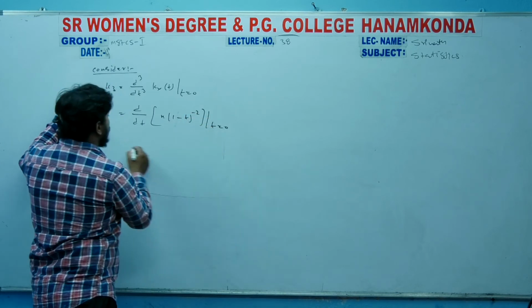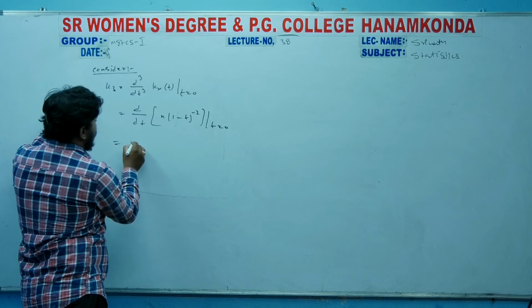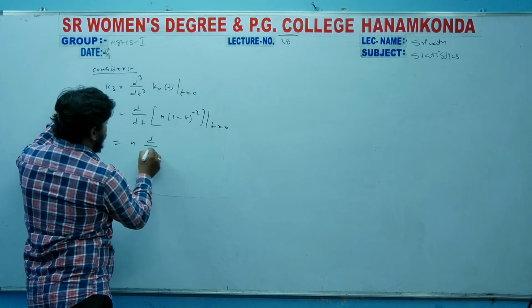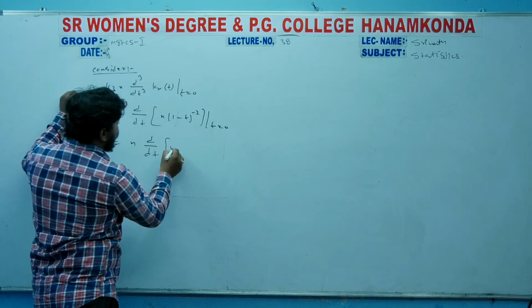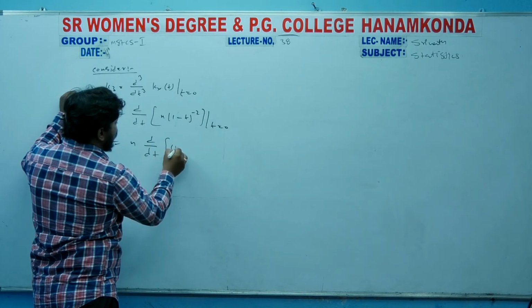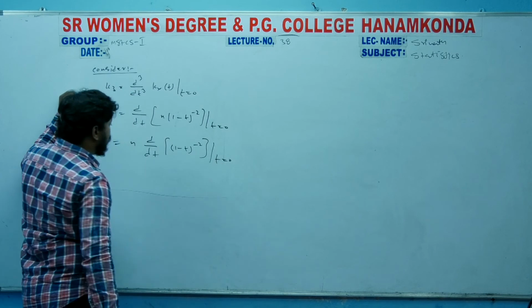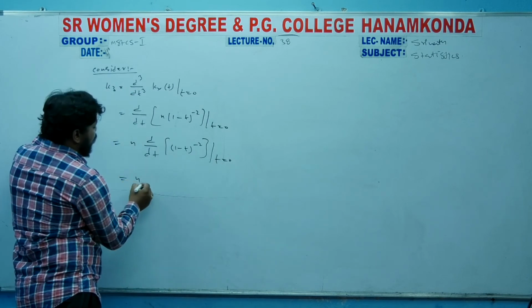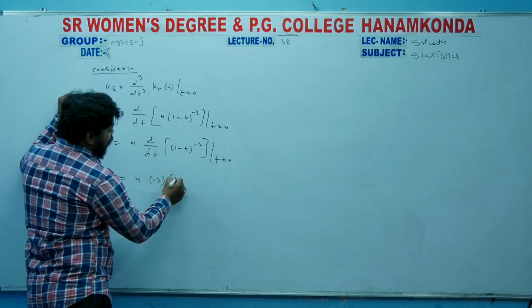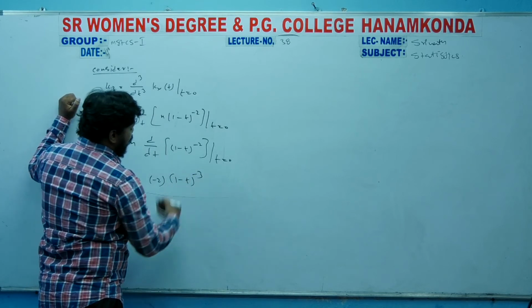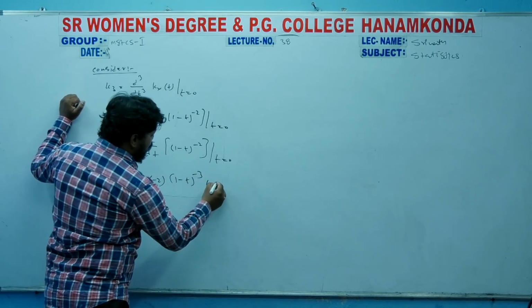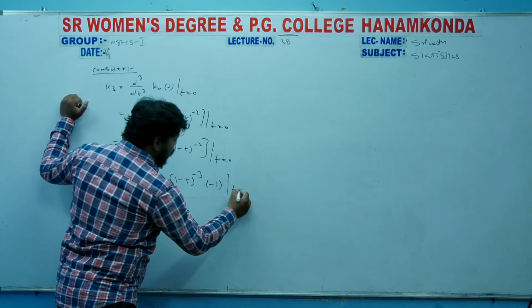Here n is the constant. d by dt of (1 minus t) to the power minus 2 gives minus 2 into (1 minus t) to the power minus 3 into minus 1. The minus signs cancel, and we get 2n into (1 minus t) to the power minus 3 at t equal to 0.